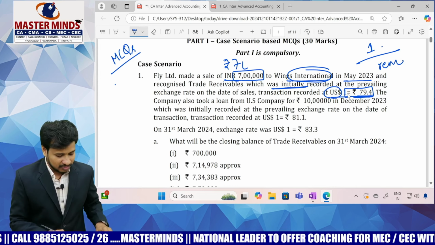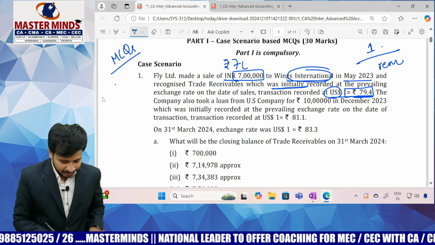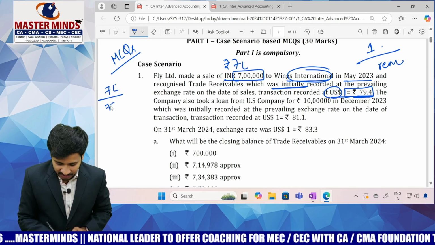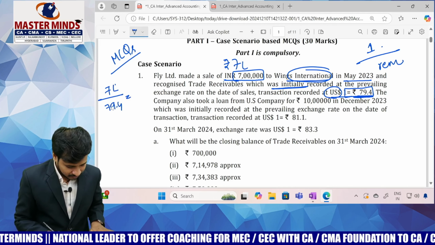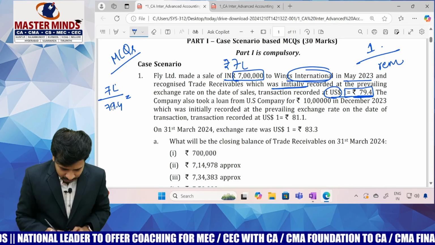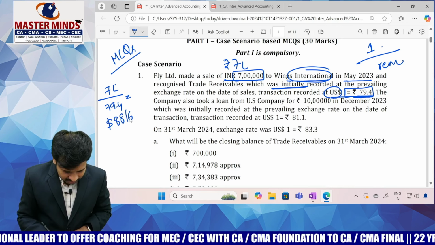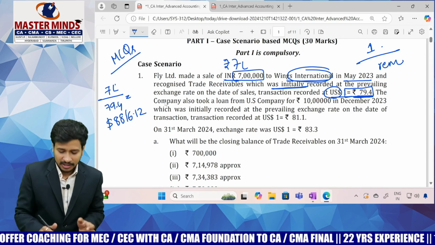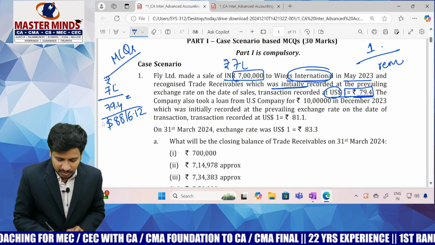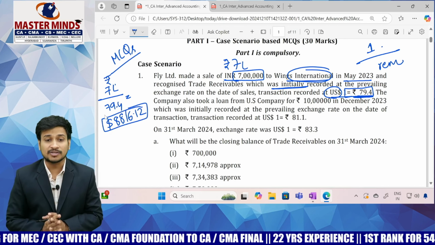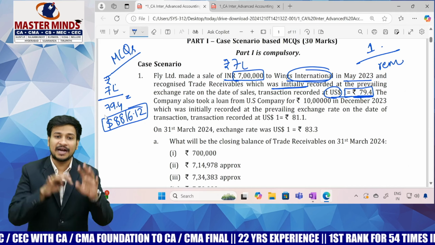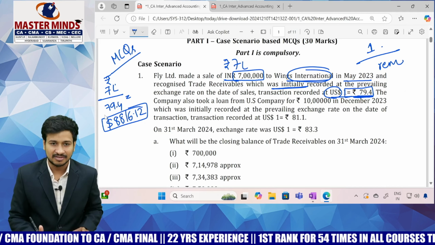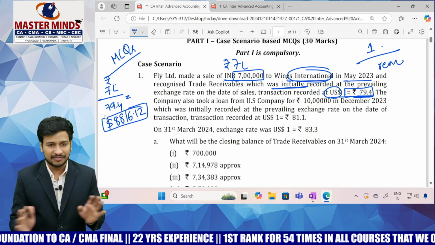Don't get confused. Initially 7 lakhs divided by 79.4 comes to $8816.12. It seems like you are converting from reporting currency to foreign currency, but they have already converted and written it, and we are just given a reversal of information. This is just given to confuse you. Apart from that, nothing great.